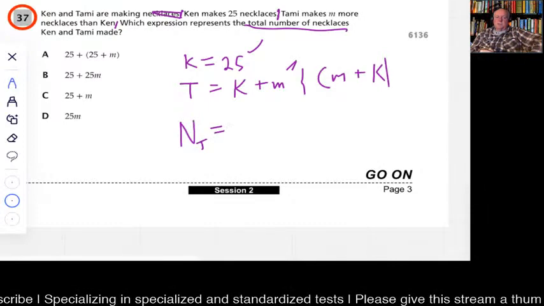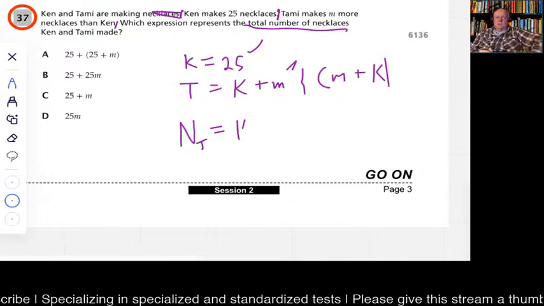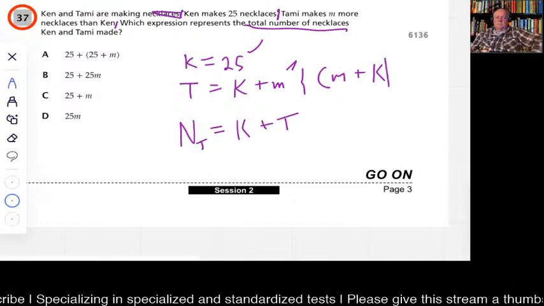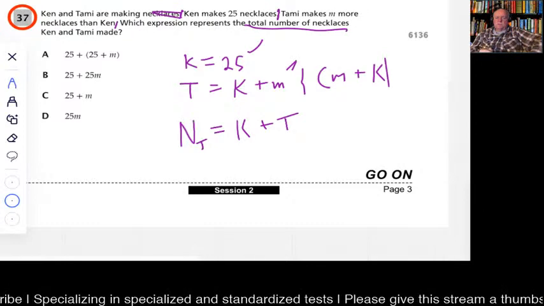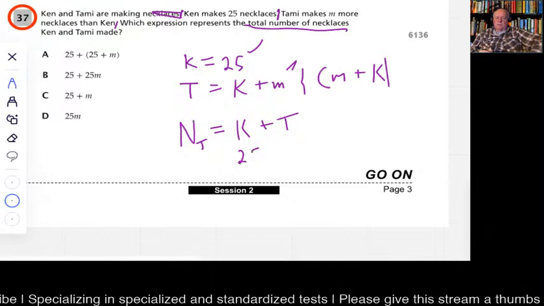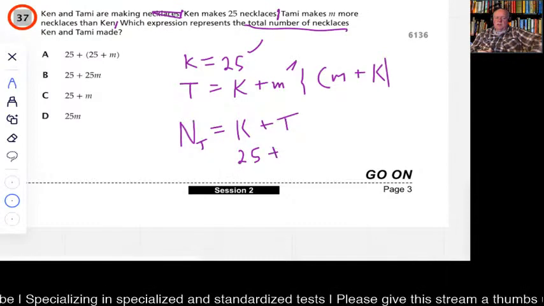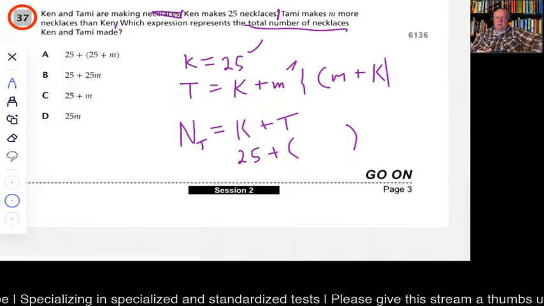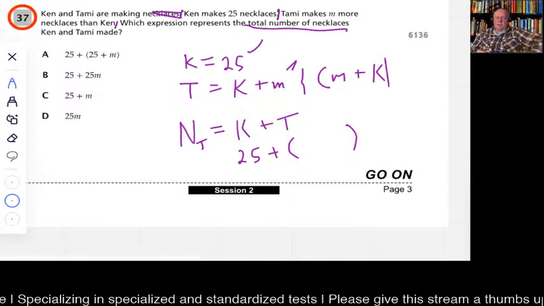It's the number of Kens plus the number of Tammys, right? So is that not 25 plus, and I can parenthesize it just because I see there's a paren in one of the choices, and that might be where they're going, K plus M?